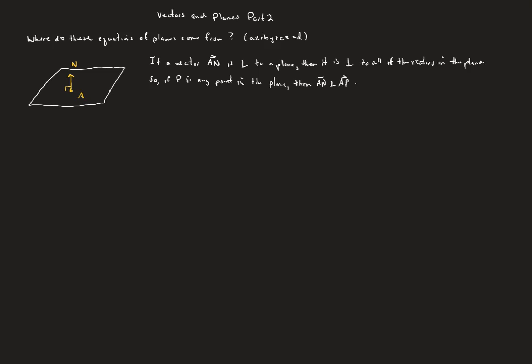And if two vectors are perpendicular, that means that their dot products are going to equal 0. So vector n dotted with vector AP must be equal to 0. This is going to be key. So this right there that I put the box around is a vector equation of the plane.